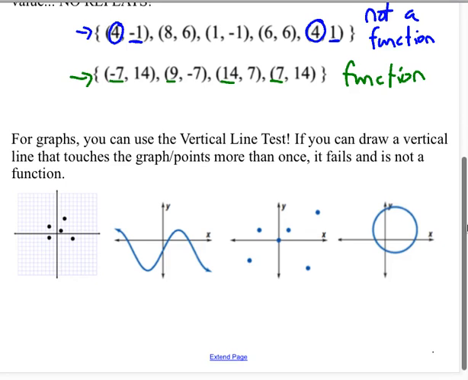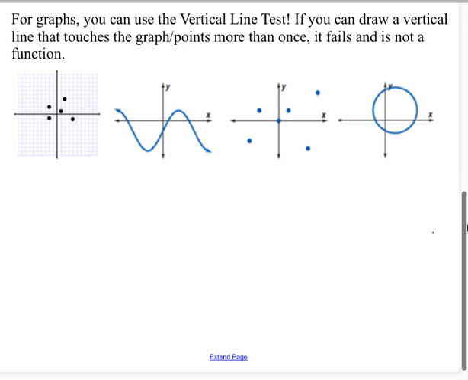Okay, so for example, on this one right here, I can draw a vertical line and it touches 2 points. That means that that x value has 2 different y values that it's going to, therefore not a function. It fails the test if it touches more than once.